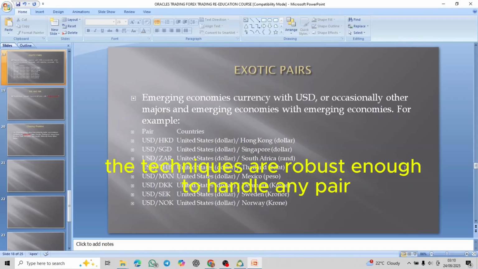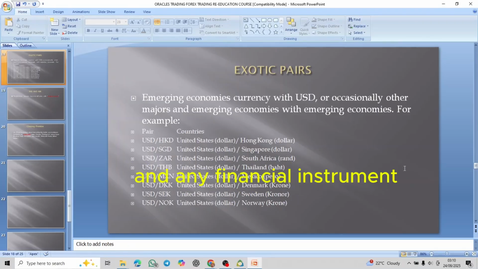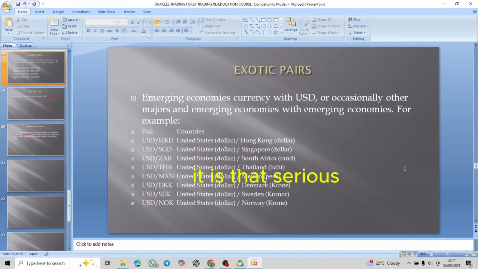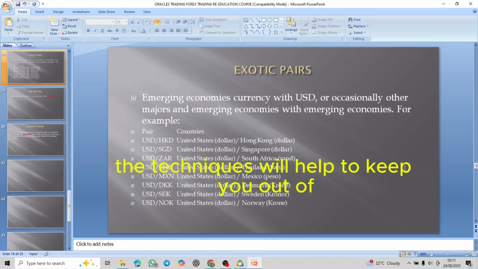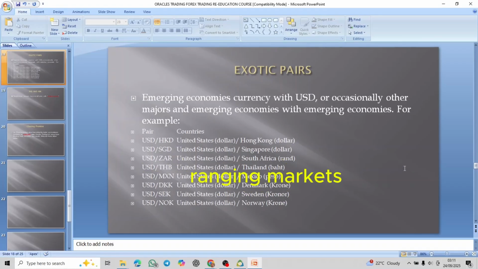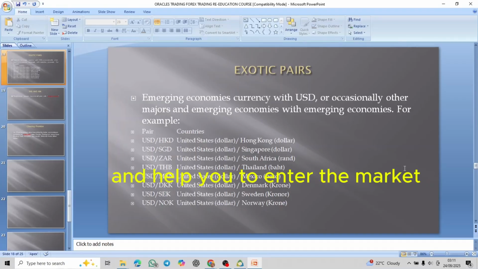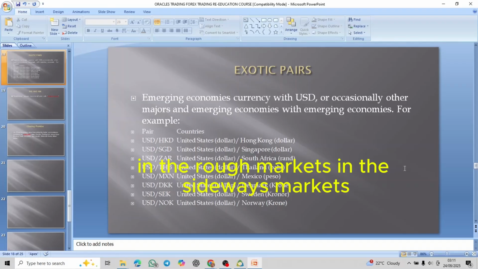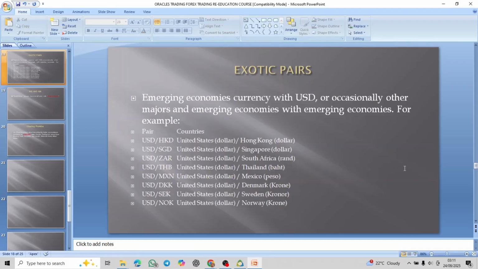The techniques are robust enough to handle any pair, any financial instrument, any time frame, even the 1 minute time frame. It is that serious. They are that powerful. The techniques will help keep you out of ranging markets and help you enter the market when the market is ready. We also have techniques for trading in rough, sideways markets.